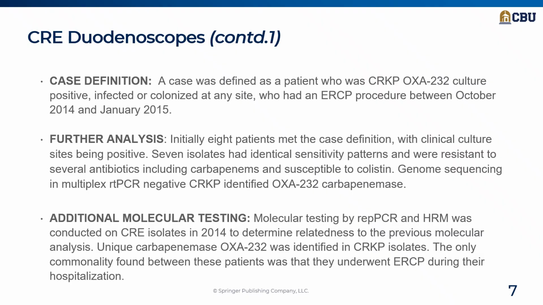Further molecular testing using rep-PCR and high-resolution melt analysis showed that strains were nearly identical. When investigators compared these highly related strains, the only shared exposure among patients was undergoing ERCP during their hospitalization, strongly implicating that procedure as the source.